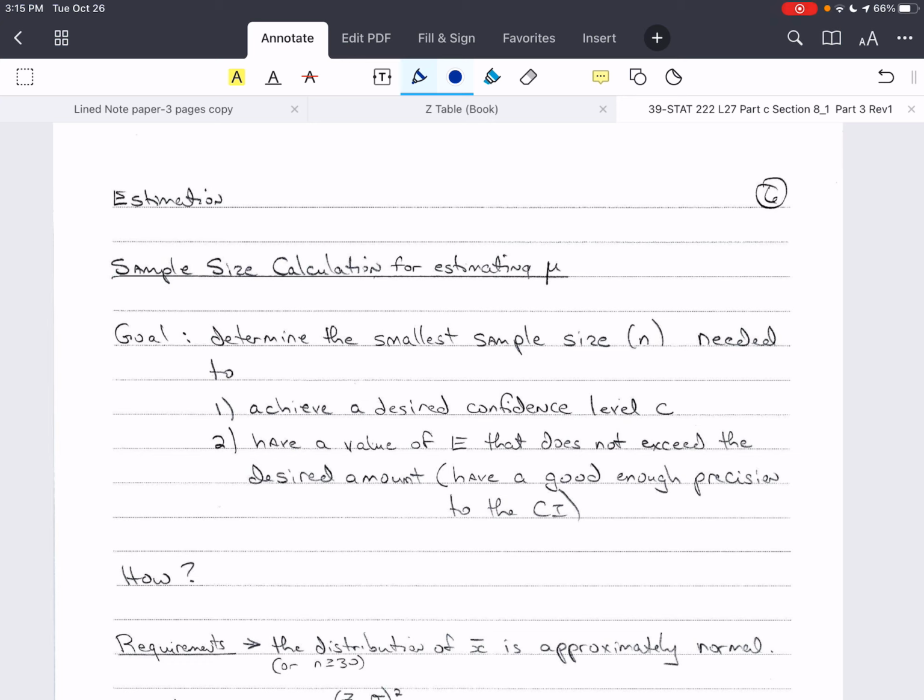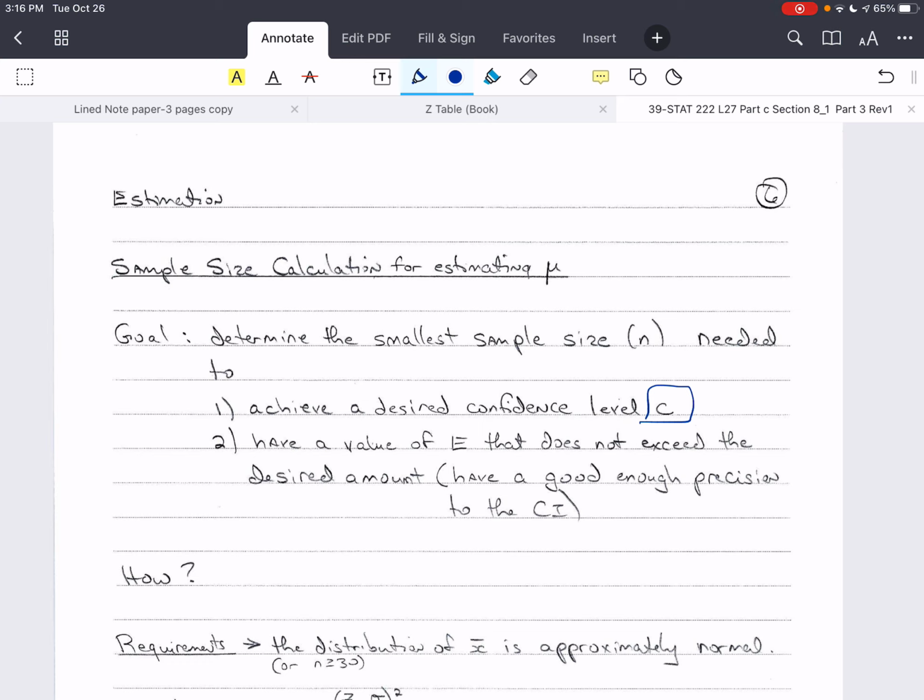You need to determine the sample size in order for you to get good results. So we want a confidence level C, that we're going to determine before we do the study. And the confidence level is usually at least 90% or at least 0.9. Okay? The default is 0.95.